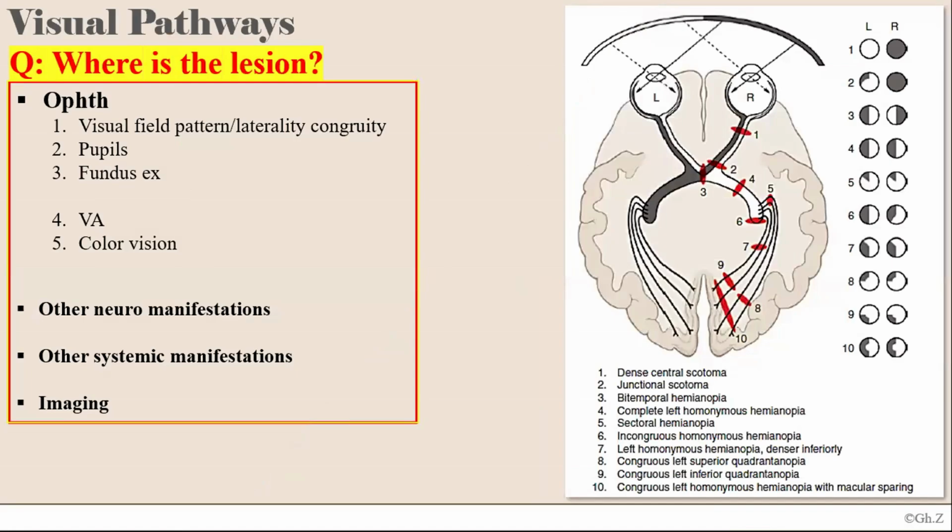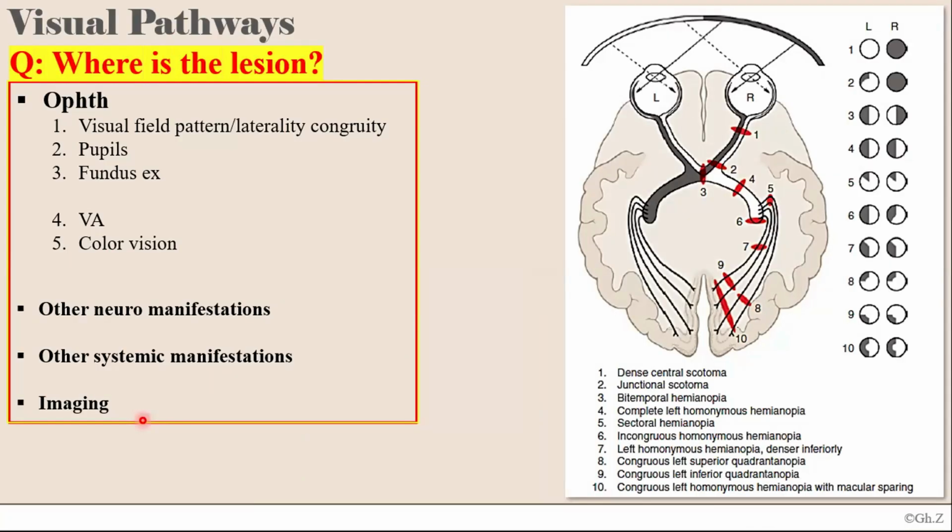This slide is about, again, localizing a lesion along the visual pathways. And this is really important. You can organize your answer the way you like, but here I'm trying to give you some important points. We can localize the lesion from ophthalmic points, other neuro manifestations, other systemic manifestations like hormonal imbalance, for example, and finally, of course, by imaging as a final result.